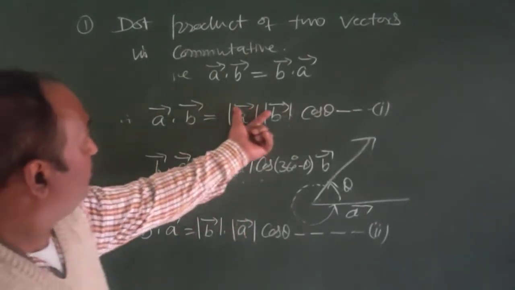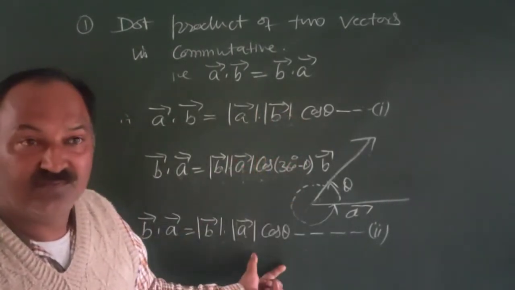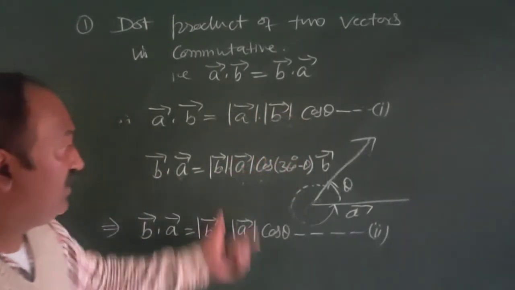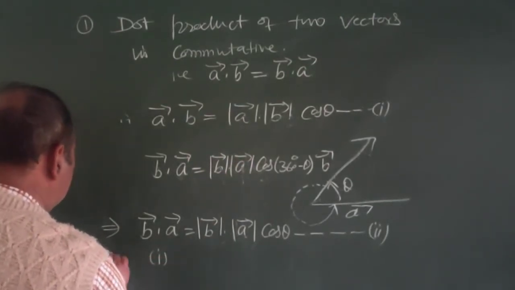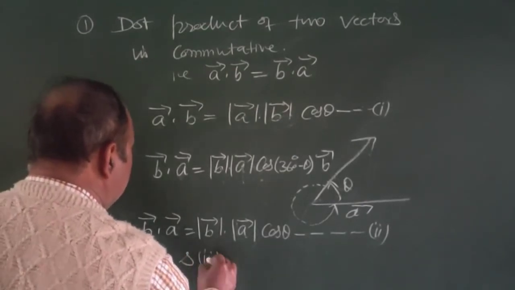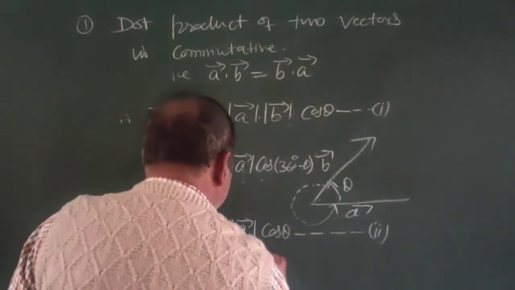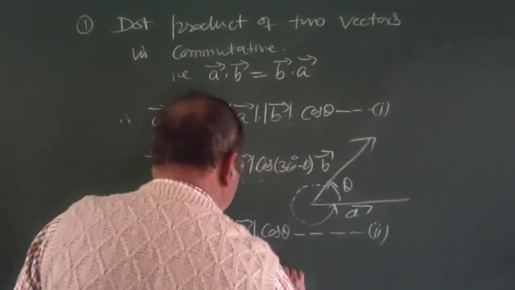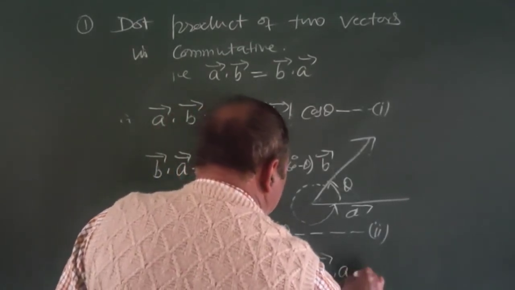तो फ्रॉम इक्वेशन नंबर 1 एंड इक्वेशन नंबर 2, राइट हैंड साइड आर बोथ इक्वेशंस आर सेम. Therefore, we can say that from 1 and 2, it is clear that A vector dot B vector is equal to B vector dot A vector.